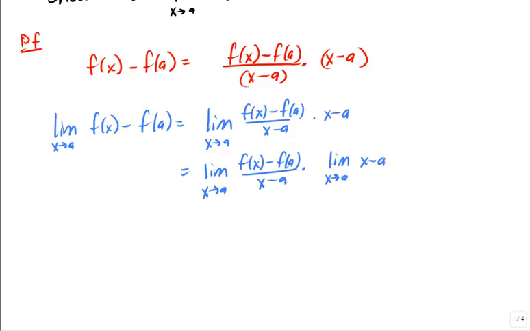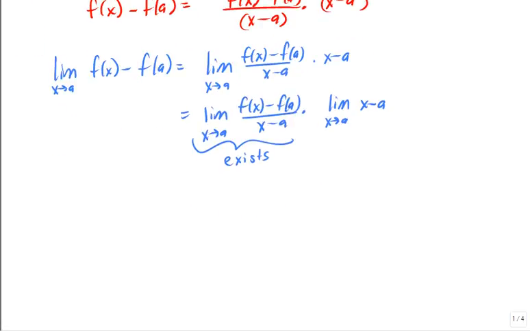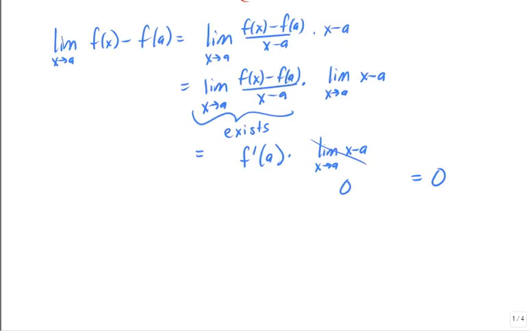Because we know this exists because f is differentiable, that is equal to f prime at a times the limit as x approaches a of x minus a, but that's 0, so this whole thing is 0.